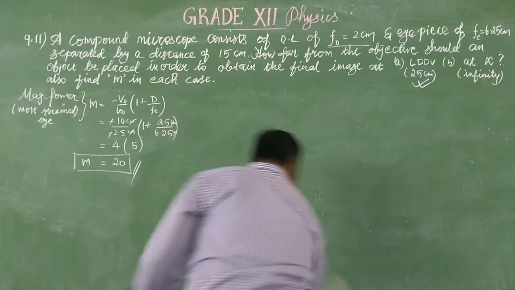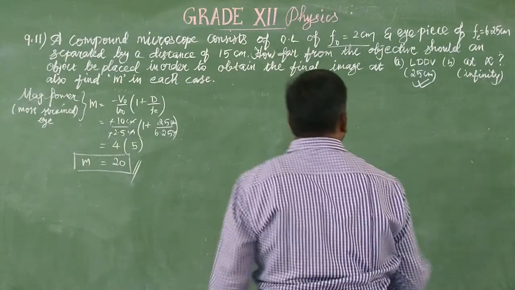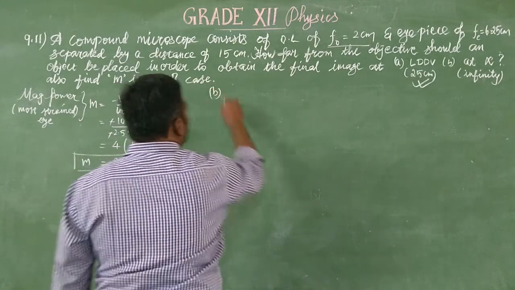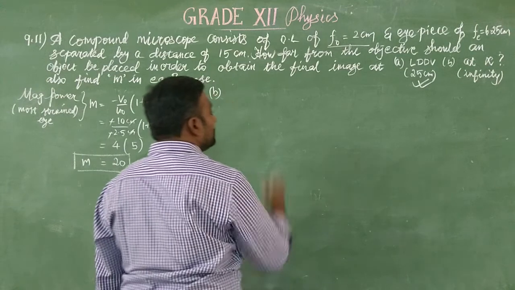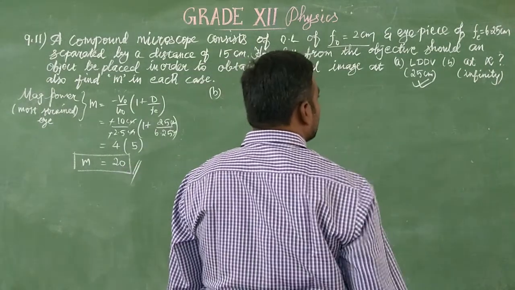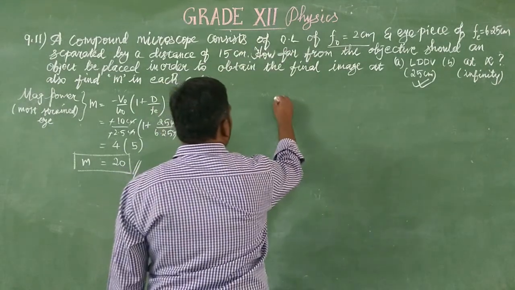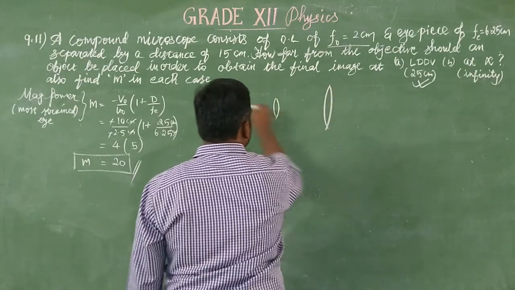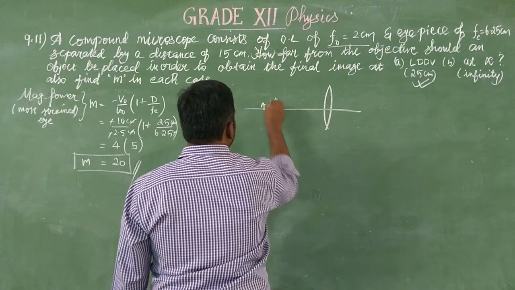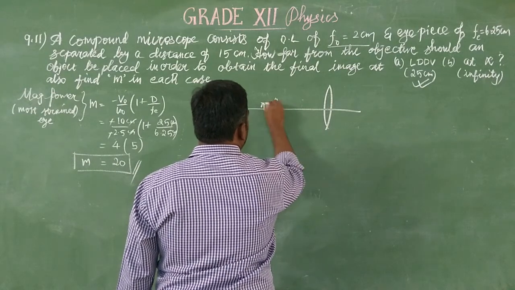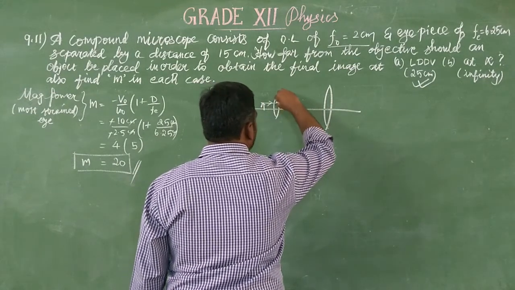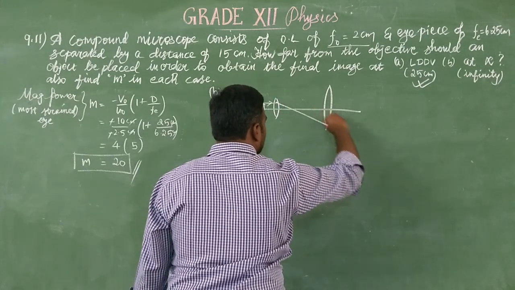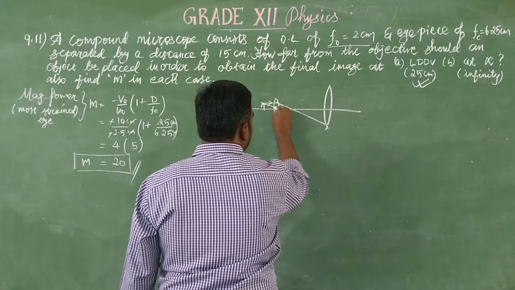So case B. In case B, we want to find the object position when the final image is at infinity. This is the objective lens, this is the eye lens. So the object is placed here. The first ray is parallel to the principal axis, then refracted through the focus, the second ray goes through the optic center.